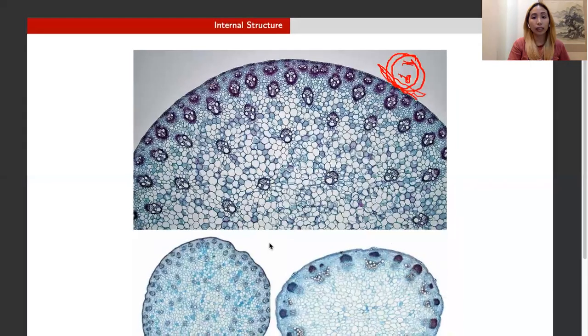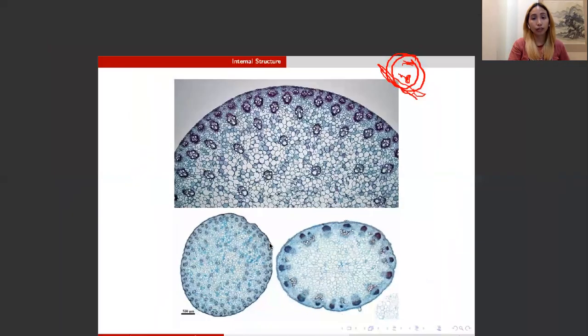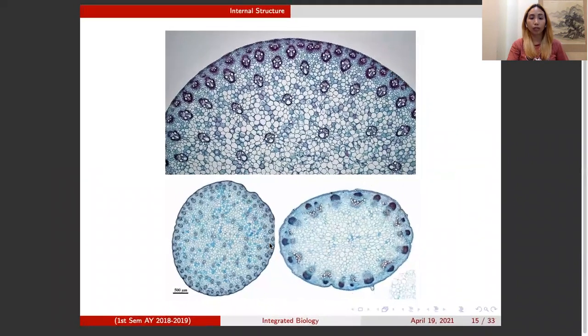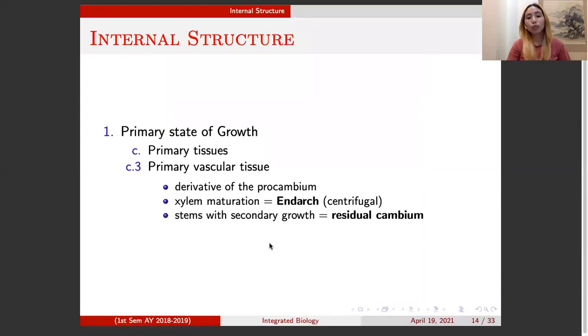Okay, so that is xylem maturation, characteristic ng stem. Right? So, mapapansin nyo pag napanood nyo na yung video lecture nyo sa roots, this is medyo baligtad ng konti. Okay, now stems with secondary growth, basically, yung kanilang procambium ay nawawala, right?